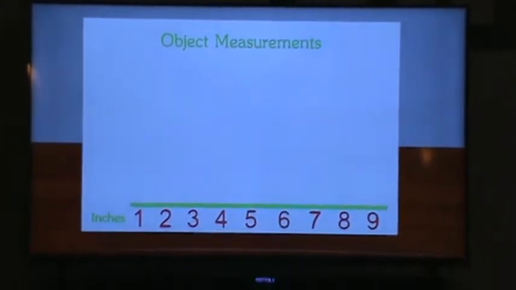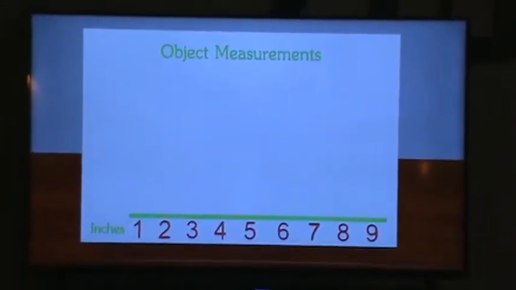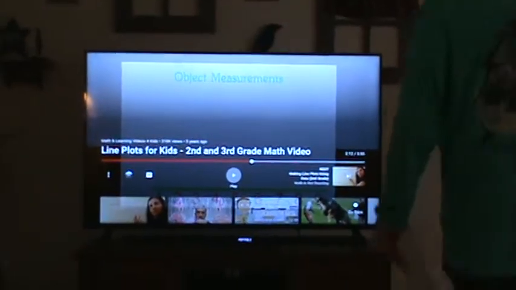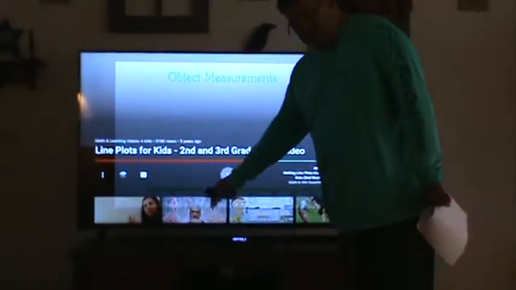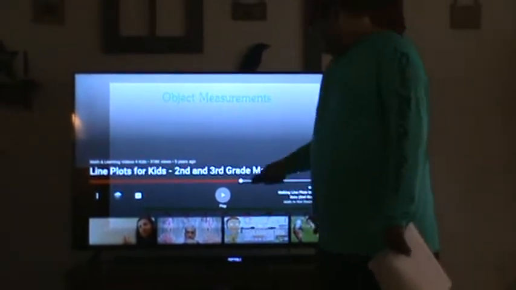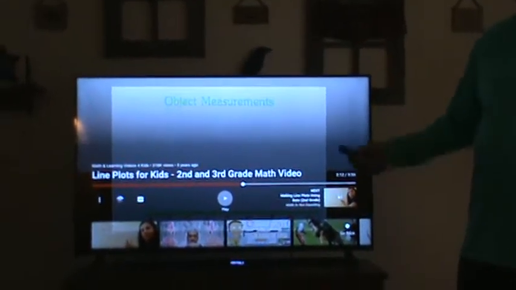Okay, here we have the numbers from 1 to 9 listed. You can see, and ignore the little things on the bottom that says other types of videos, that on their line plot graph they made sure to put first the title of what they're measuring. The next thing they put at the end of the first line they drew was the measurements. They used inches.